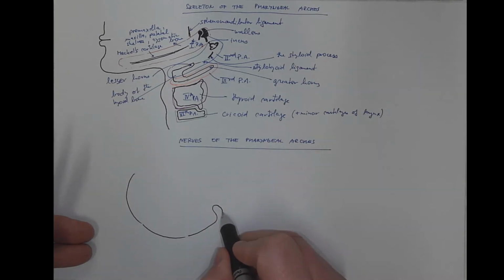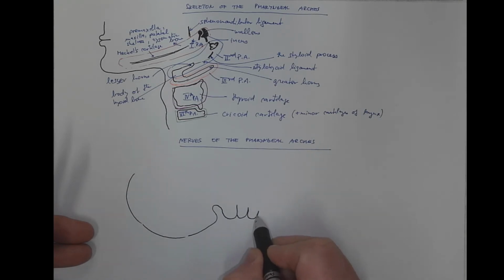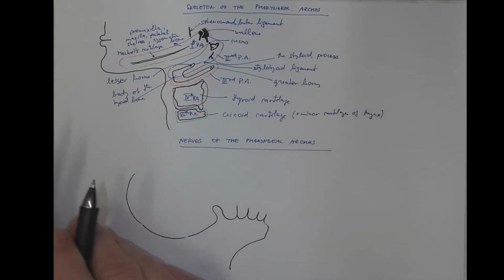There is the stomodeum, the first arch, the second arch, the third, the fourth, and the sixth. The heart.